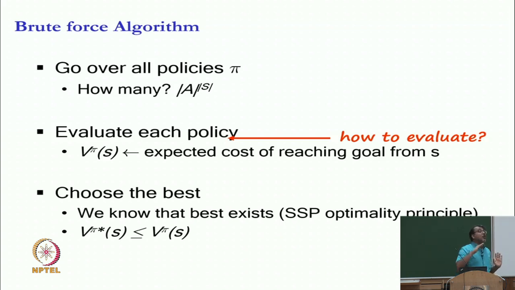Now, we have solved the brute force problem, because now we know how to evaluate a given policy, but that is not sufficient for us, right, because we cannot enumerate an exponential number of policies, that is just not going to happen. So, what we will do is we will take this intuition of iterative policy evaluation and convert it into an algorithm called the value iteration algorithm, which would go beyond the brute force.